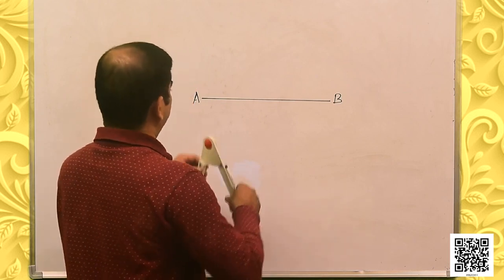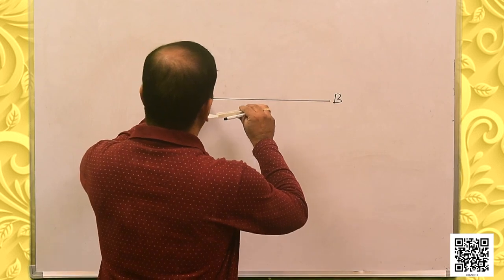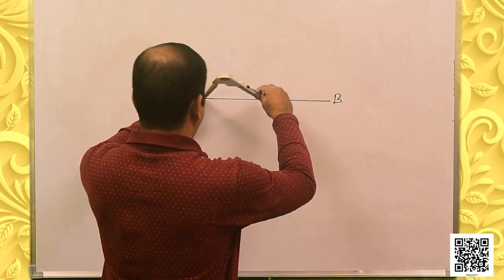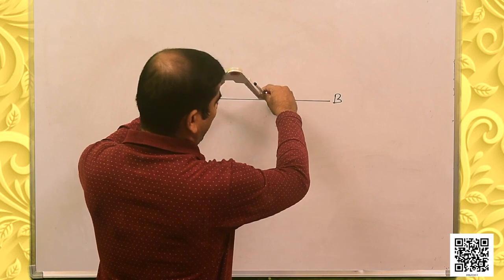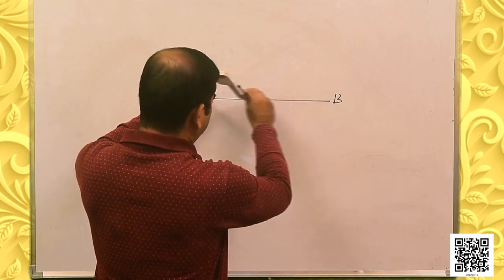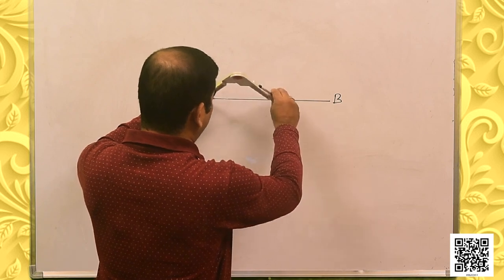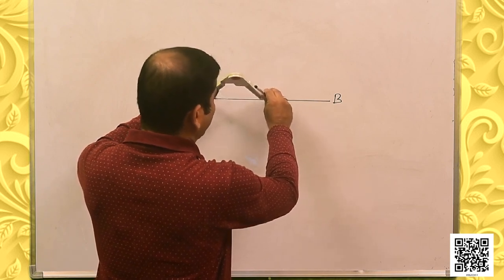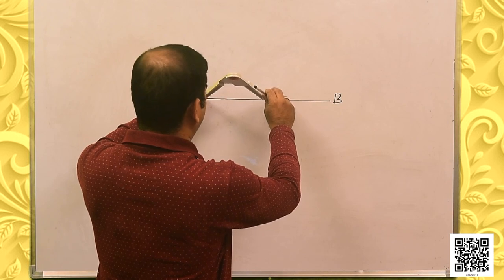So when I put the point of the compass on A and spread it like this, this length of the radius should be more than half of AB. So I think this is more than half of AB.